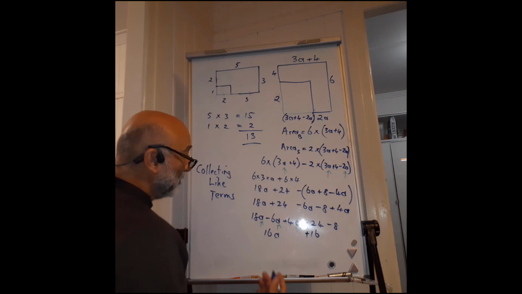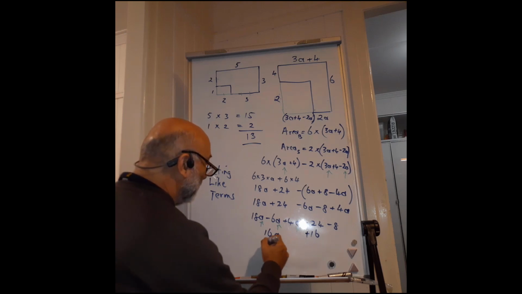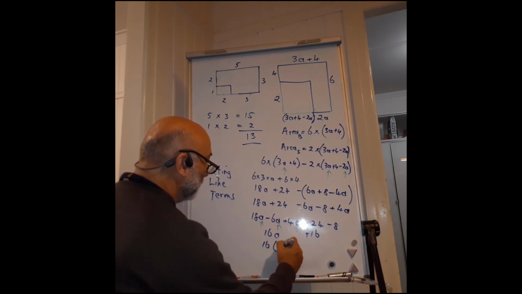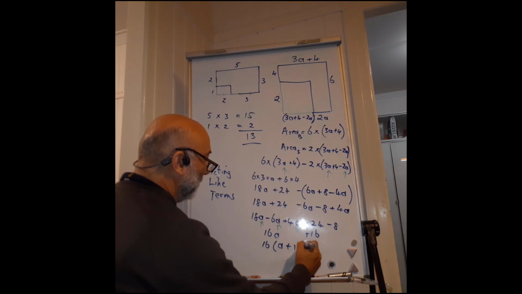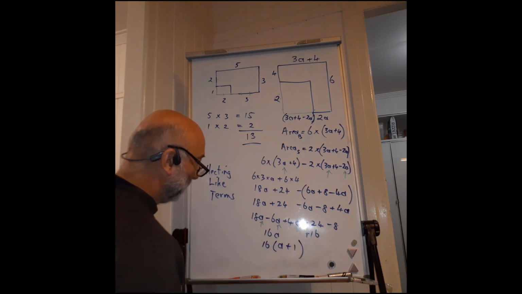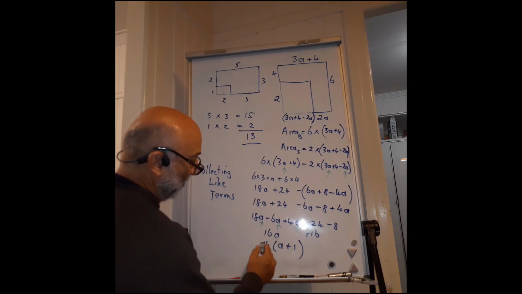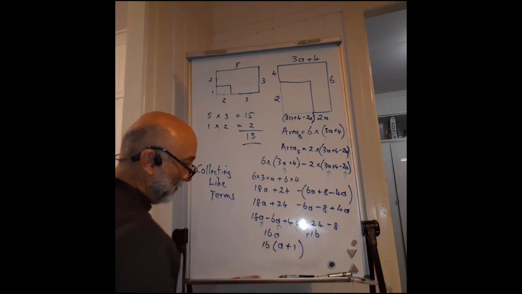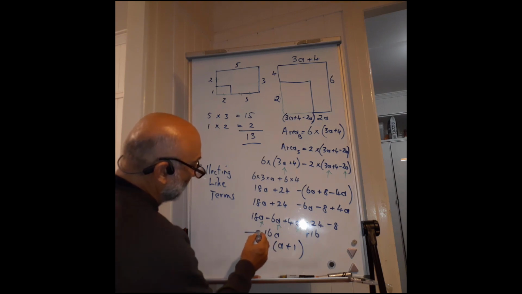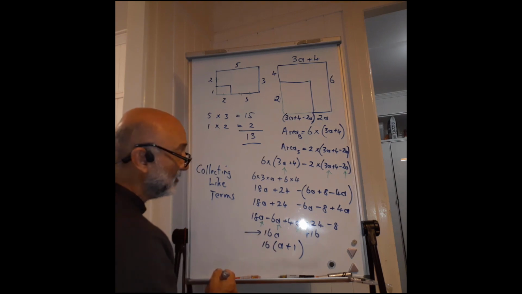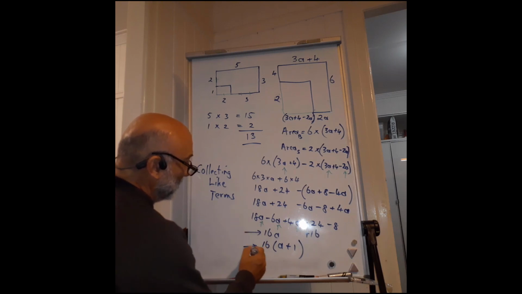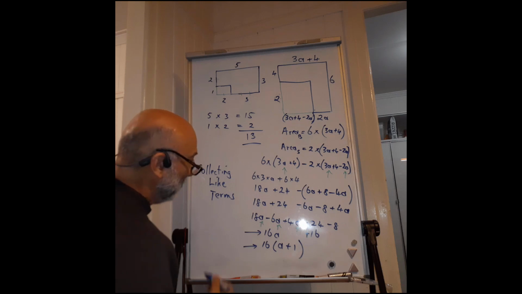If we wanted to go a bit further, we could just take the 16 outside of a bracket and express it this way. 16a plus 16 is the same as 16 outside of a plus 1. Now for some purposes that expression might be simpler, and for other purposes this expression might be the simplest way to finish up.